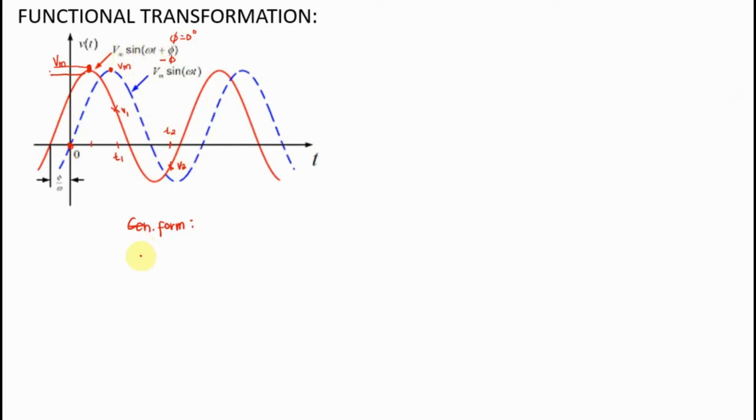So the general form for that is v, using small letters, equals the maximum voltage multiplied by the sine function of omega t plus phi. Also, if you are going to get the current, we are using v for explanation, but you can also use i, because it has the same sinusoidal curve. So we use the small letter i for instantaneous current, and we multiply the maximum current by sine omega t plus phi.